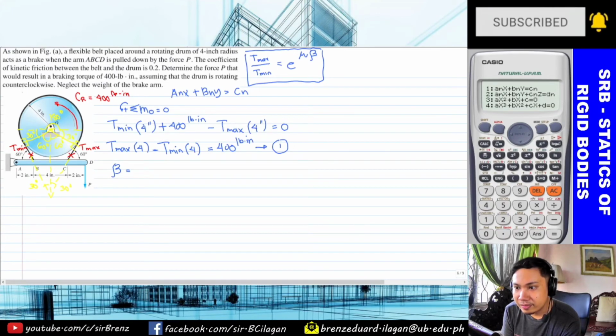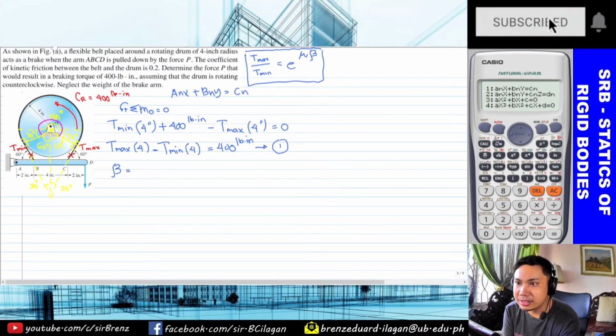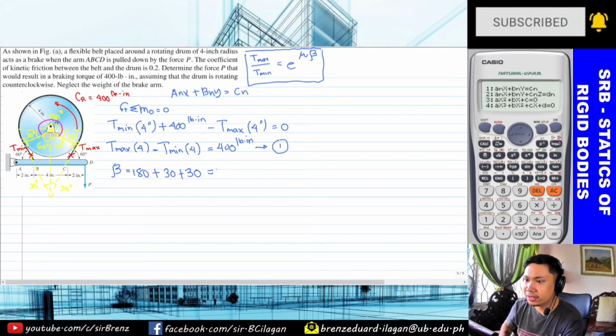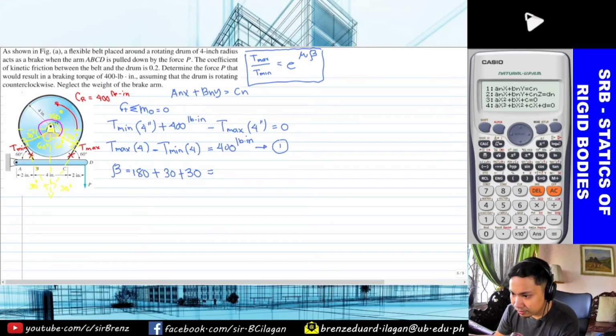So, what is the total angle? What are we looking for? This pink one is the angle we need. That angle is equal to 180 plus 30 and then plus 30. So, 180 plus 60.